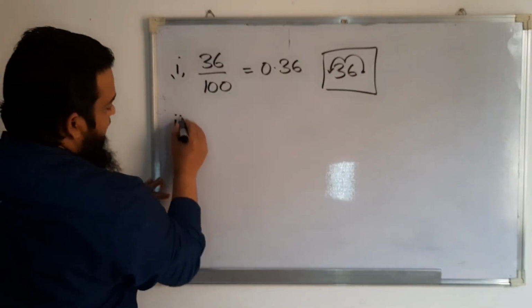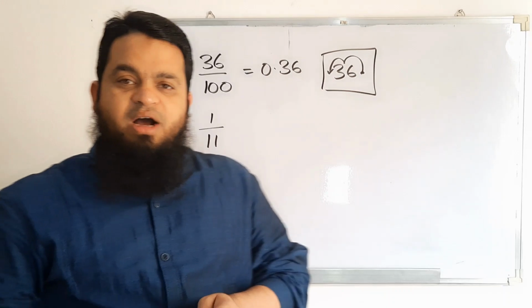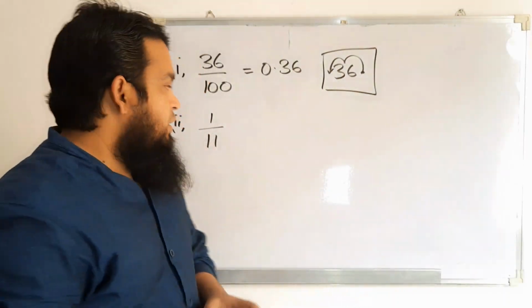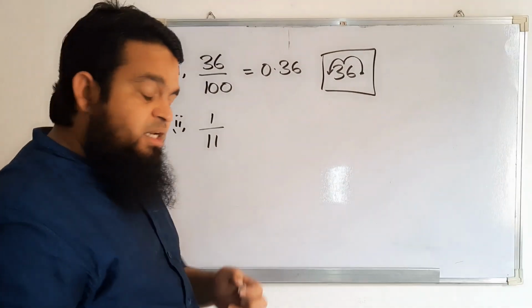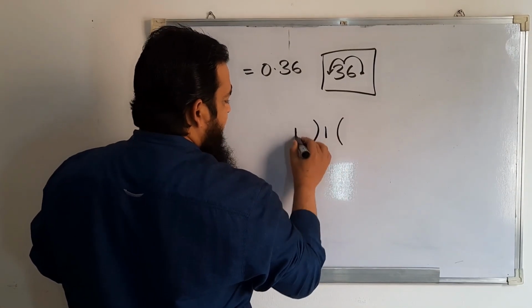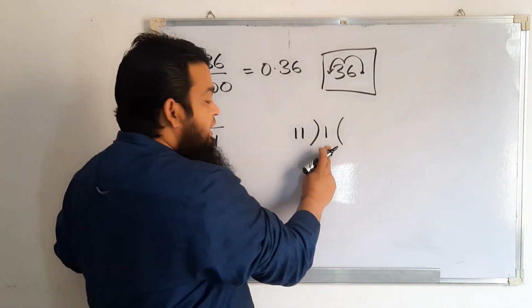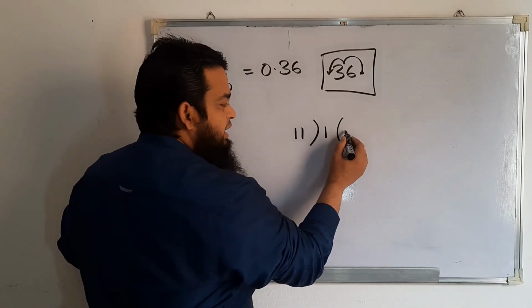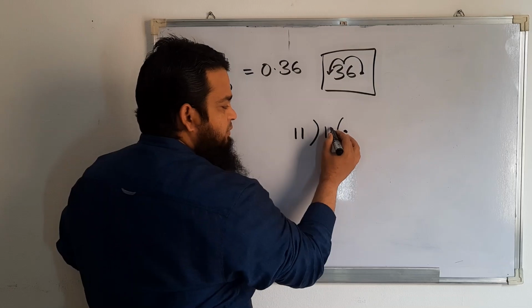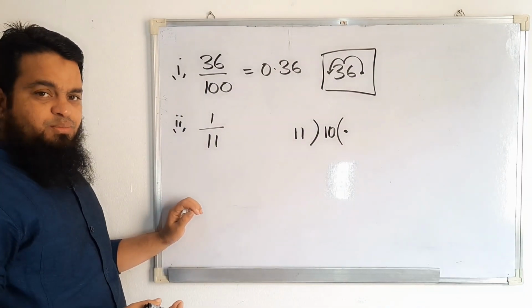The second problem is 1 by 11. So you have to divide 1 by 11. Everybody see, it is very important. Since the dividend is smaller than the divisor, keep a point and borrow 0, and it is still smaller.